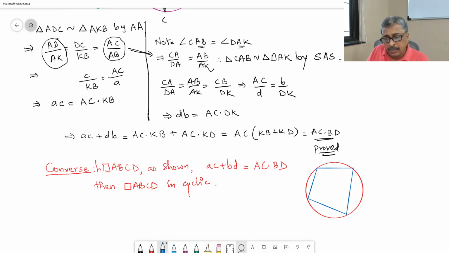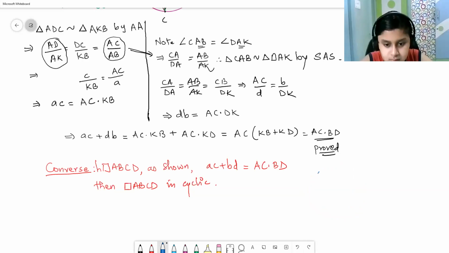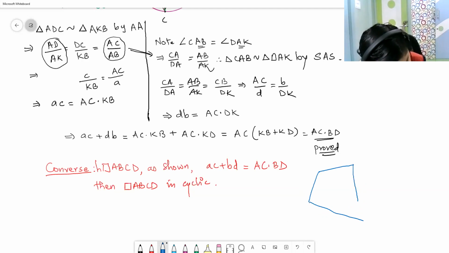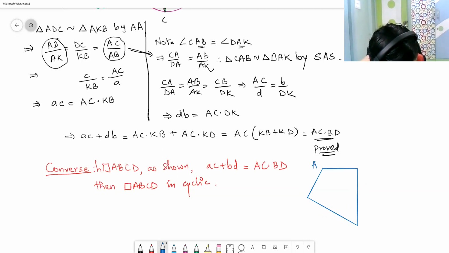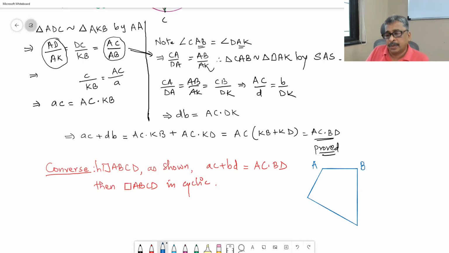But then I don't know whether I will be able to erase it or not, so I should not use the circle. A, B, C, D is looking like a kite. Again, it is a wrong diagram. It is not a kite.